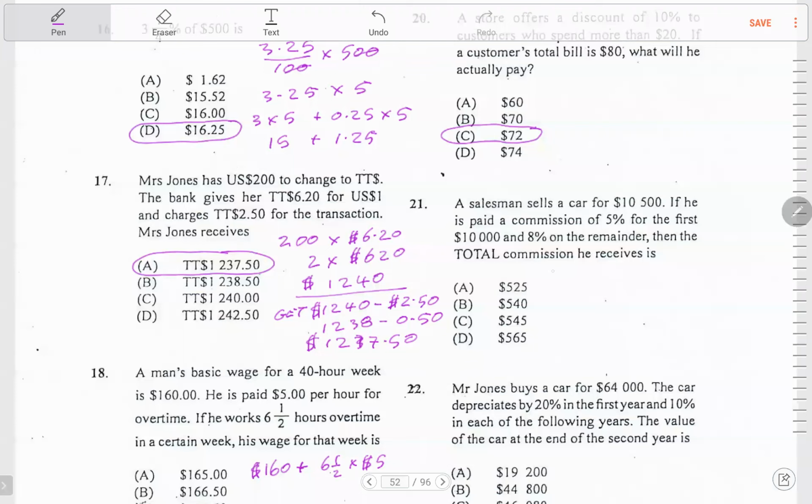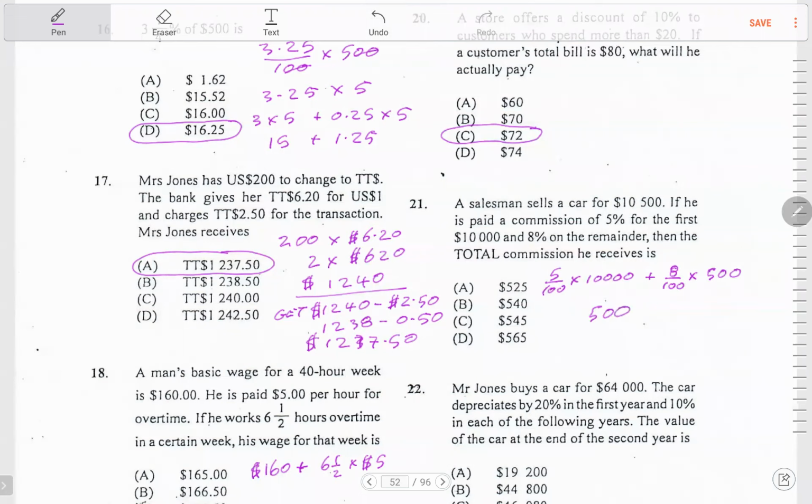So he's firstly paid 5 over 100 for the first $10,000, working in dollars, so we can write 5 over 100 times $10,000, plus the remainder is going to be $500, and he's paid 8% for that: 8 over 100 times $500. That's what we're working out.